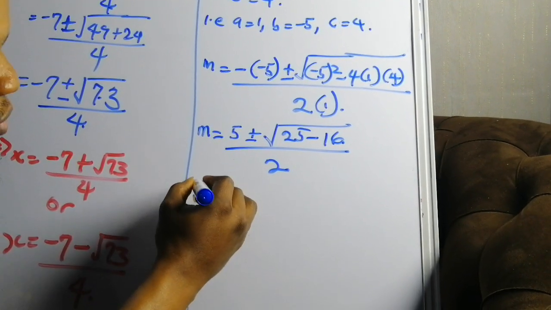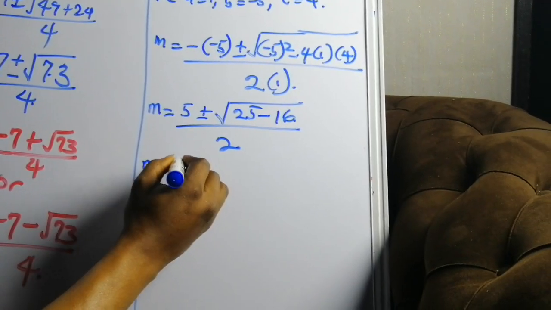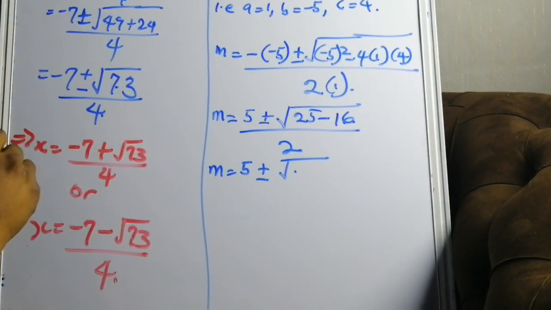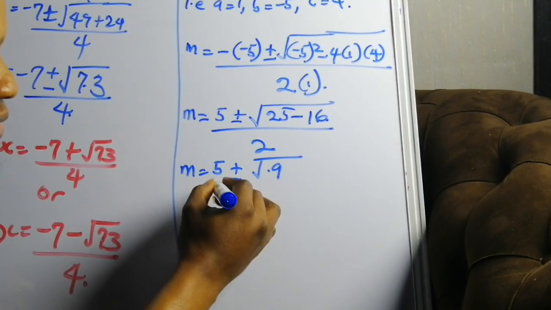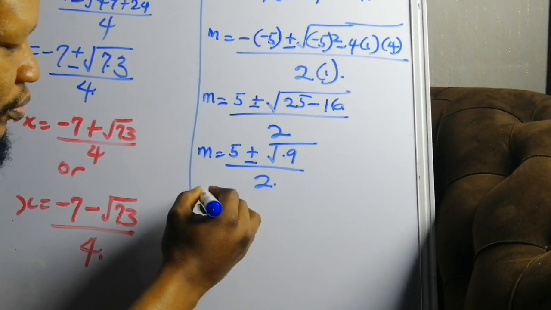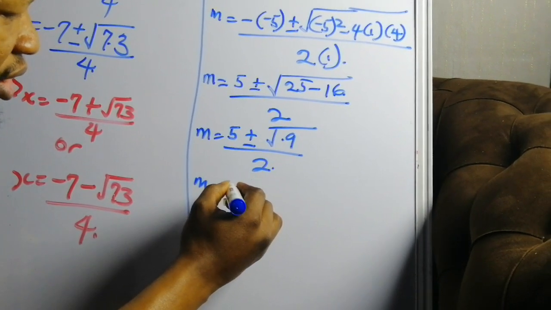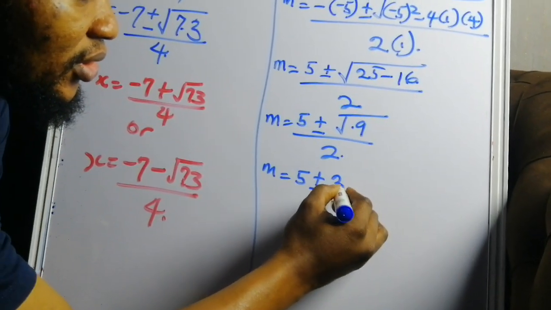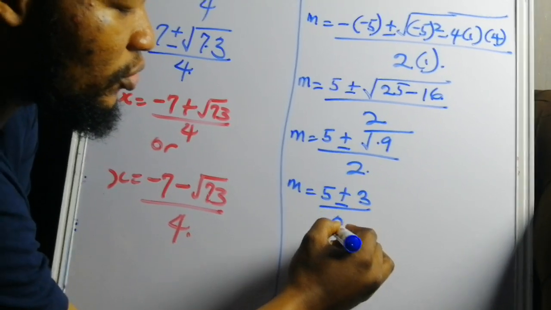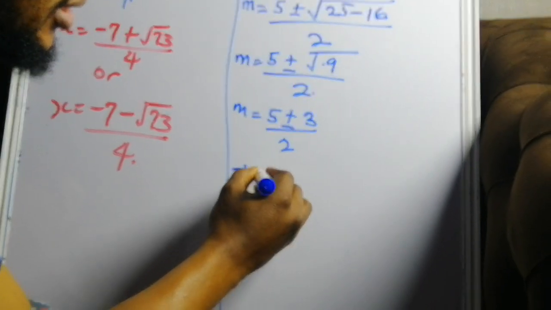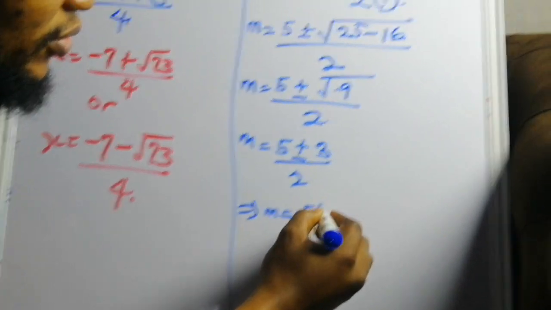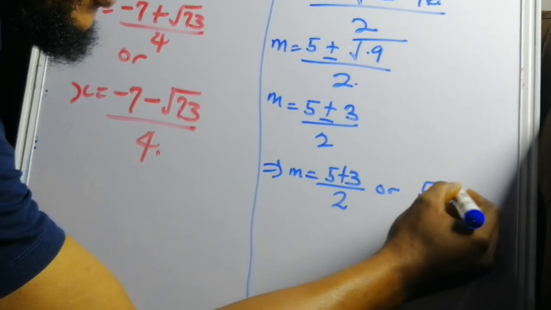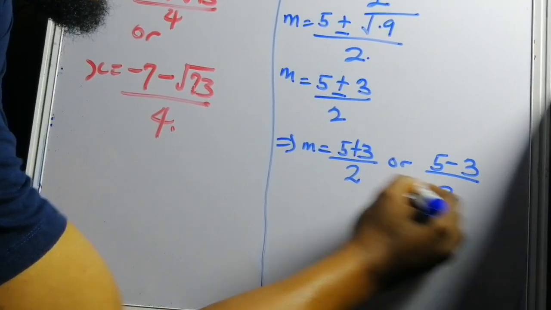So it means that my m equals 5 plus or minus square root of 25 minus 16. That is square root of 9 over 2. So which implies m is equal to 5 plus or minus, square root of 9 is 3, over 2. That implies m equals 5 plus 3 over 2, or 5 minus 3 over 2.